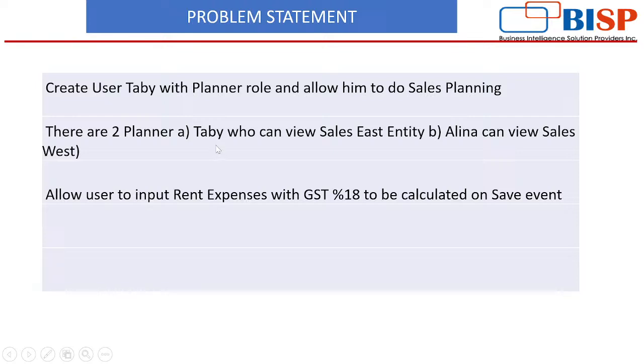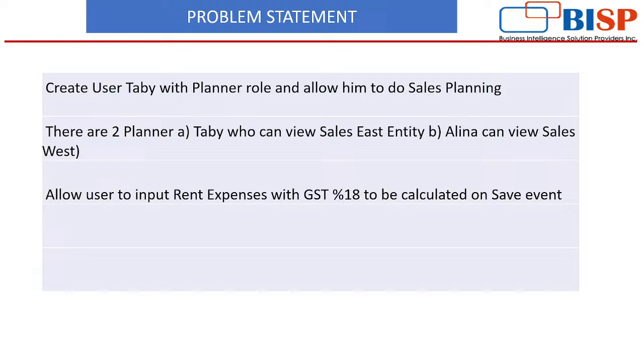So basically we have already created Tabby and Alina. They have the role of user as well as power user, so they already have the rights. If we are not creating any new user, the already existing ones, both of them, they can input rent expense.